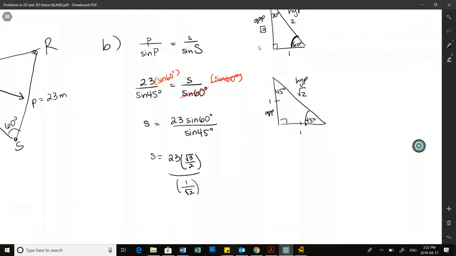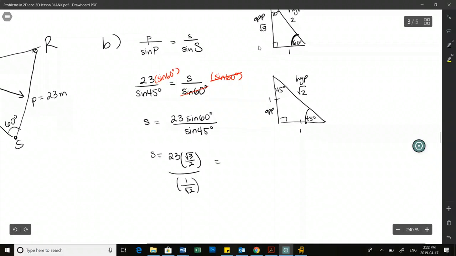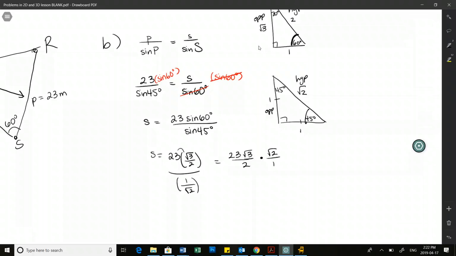I don't know about you, but we don't like fractions within fractions. So I want to just take my bottom fraction here, and I want to flip and multiply. That's what we do when we divide fractions. We flip and we multiply.